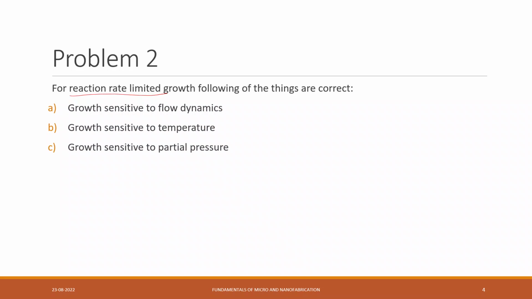Okay, let's go to the answer. Reaction rate limited conditions can usually be defined with the Arrhenius form, k equal to k naught e to the power of minus activation energy by kT. So it is very much sensitive to the temperature.